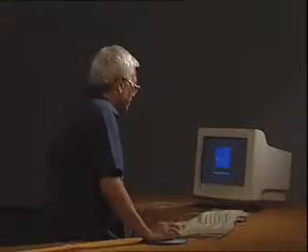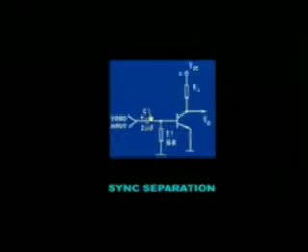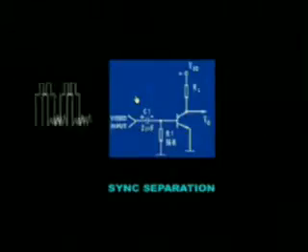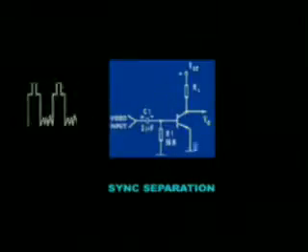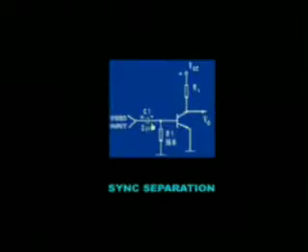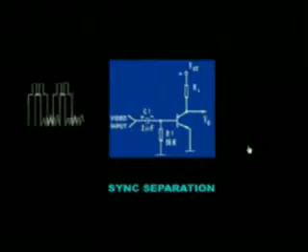The self biasing through C1 and R1 maintains the level. See here again, the composite video signal is entering here at the base and going through the sink separation, and after a delay this comes out from the collector.